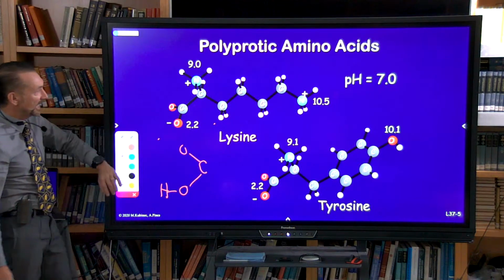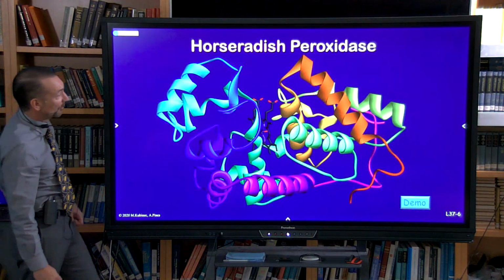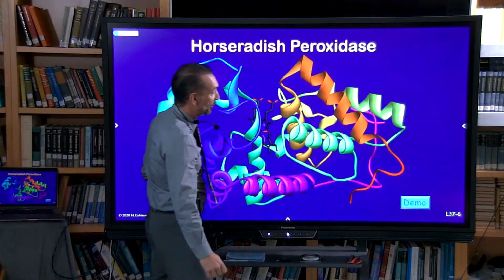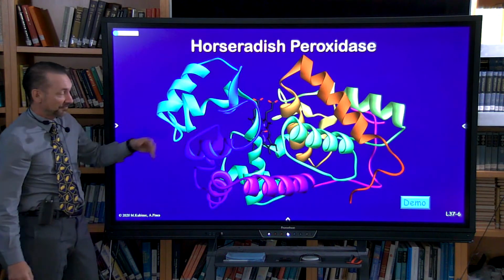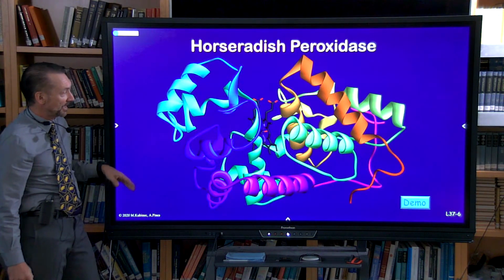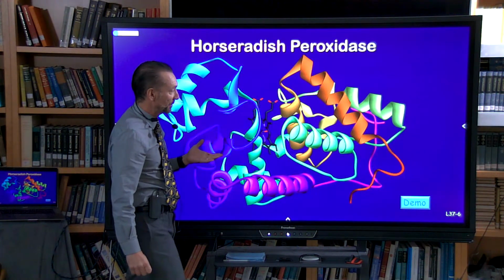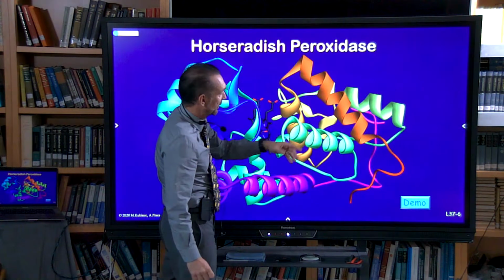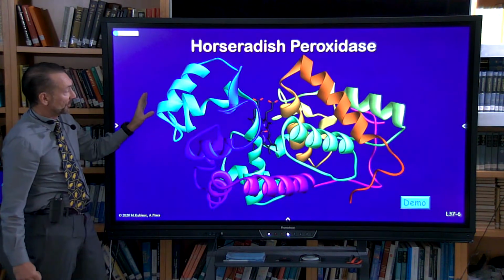And then we looked at an actual protein. This is horseradish peroxidase. And this very important protein, we have many peroxidases in our body. They have tremendous biological functions in keeping us healthy in our immune system and other things, of course, just generally healthy.